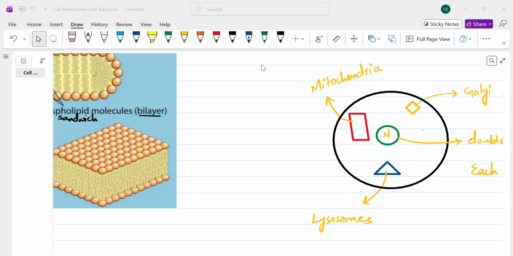Can you see it now? The nucleus? No, I can't see. Why is it so? I'm sharing it.